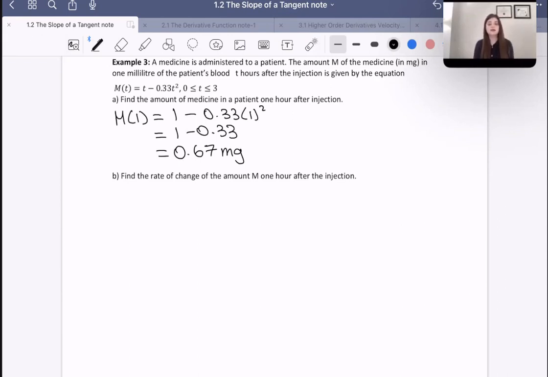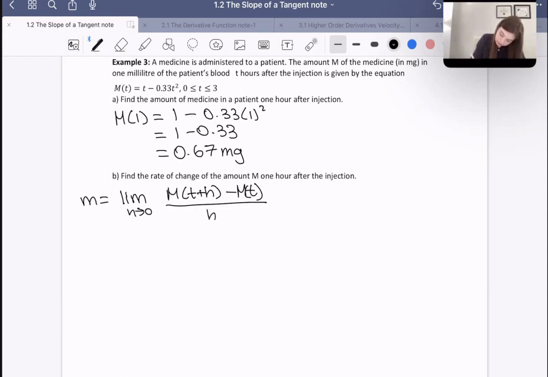Now they want to know what is the rate of change of the amount of M 1 hour after the injection. So here we want the slope of the tangent line, and then we need to plug in t is equal to 1 to find out where it is at 1 hour after the injection. So let's do that. We know that the slope is going to be the limit as h approaches 0 of M of t plus h minus M of t over h.